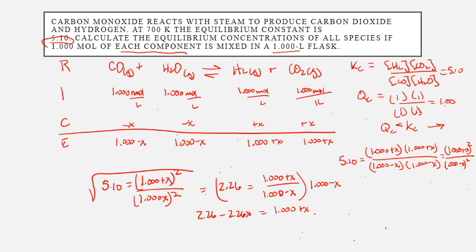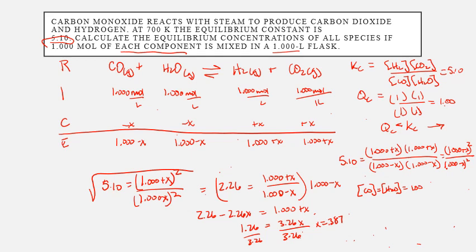So if I switch everything over to opposite sides for my equation, I end up with, in this particular case, 1.26 equals 3.26 times x. So divide each side by 3.26 and x will equal 0.387. So now for my concentrations for the CO and the H2O, both of them again will be identical.